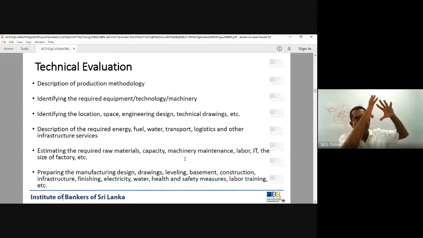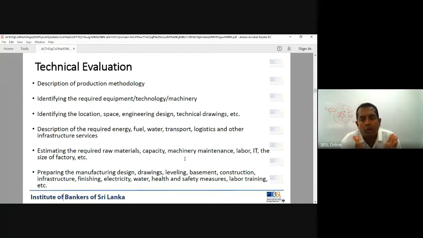So first you identify the market, then you identify the production methodology. Based on that, you identify what are the machines and the technology you want. Then once you know those things, you have to identify the place where you are going to produce this.